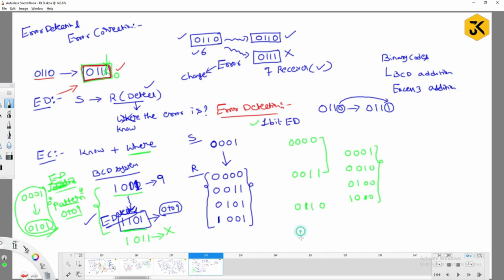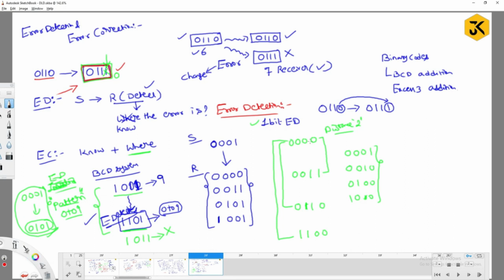Or I can modify it as 1100. If you observe these, the distance between them is 2. Distance means, you know, right? How many bits are changing? This 0 stays 0, this 0 is 1, this 0 is 1. What about this one? This one is also like this. So the distance between each and every pattern is 2.